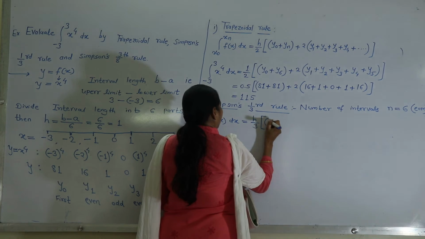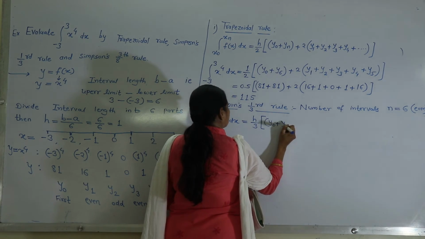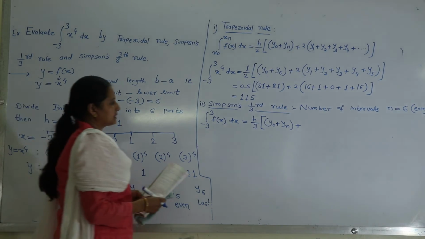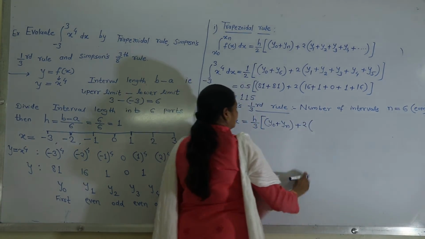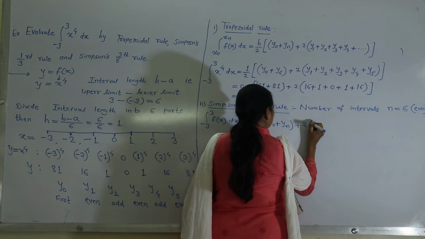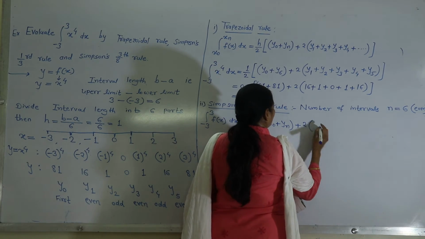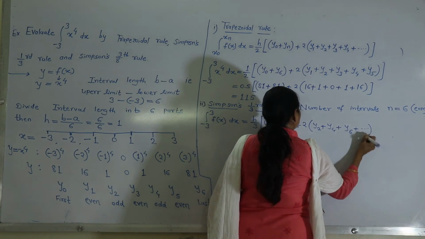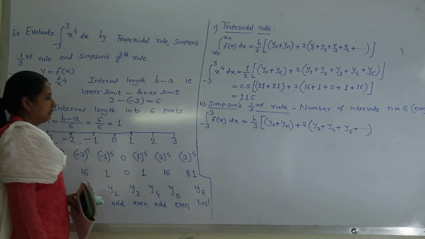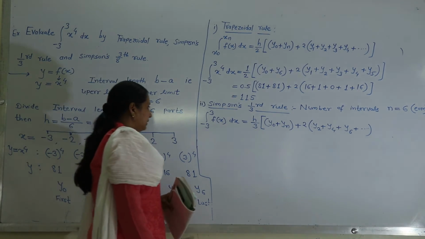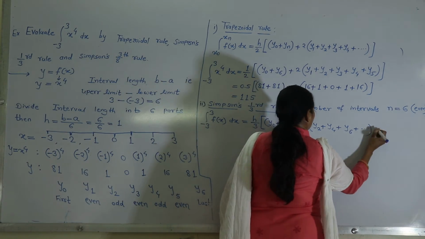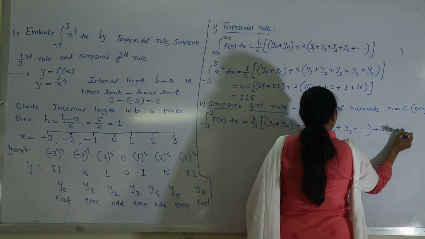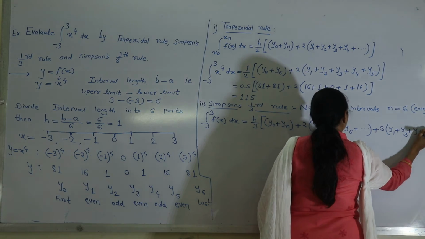Sum of first plus last, y0 plus yn, plus 2 times the sum of the odd ordinates, y2 plus y4 plus y6 and so on, and plus 3 times y1 plus y3 plus y5 and so on.